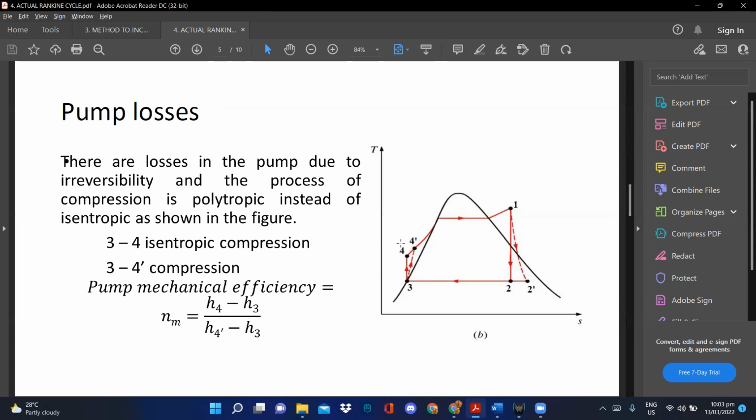And your 3 to 4 prime is your actual compression. So ito talaga yung nangyayari natin due to pump losses. So ano pa ba yung mga pump losses natin? Di syempre, you have your frictional losses, your mechanical losses, etc. So again, kaya nga compute din natin yung efficiency ng pump because nandun din yung losses.